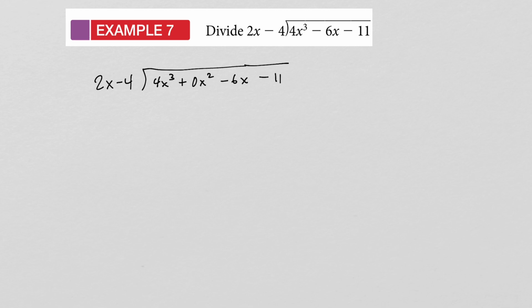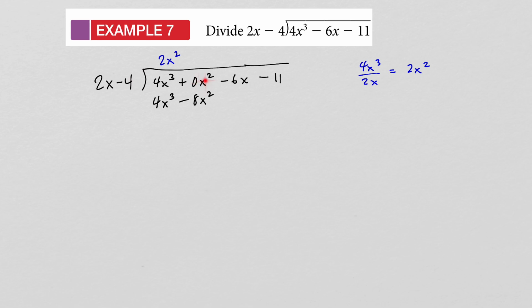We have 4x cubed being divided by 2x. And that's going to be 2x squared, right? So 2x goes into 4x cubed 2x squared times. 2x squared times 2x is 4x cubed. And 2x squared times negative 4 is negative 8x squared.